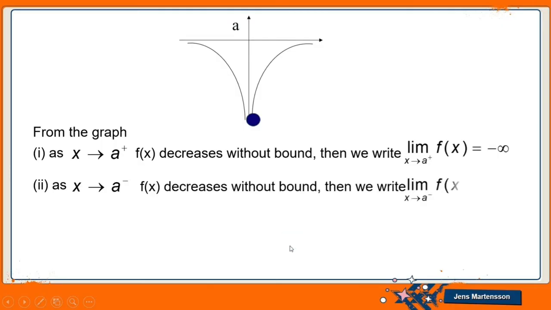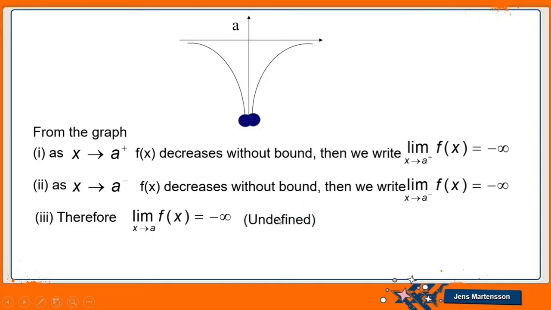Then we write limit f(x) when x approaches a from the left equals negative infinity. Therefore, limit f(x) when x approaches a equals negative infinity. So the limit is undefined.